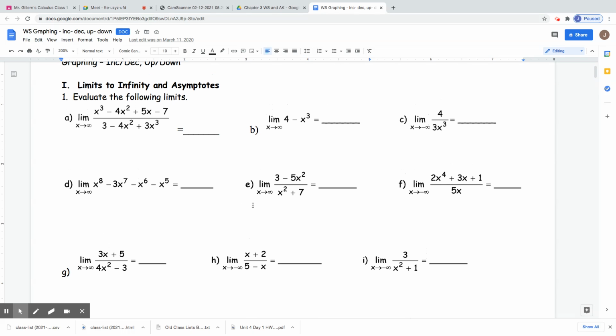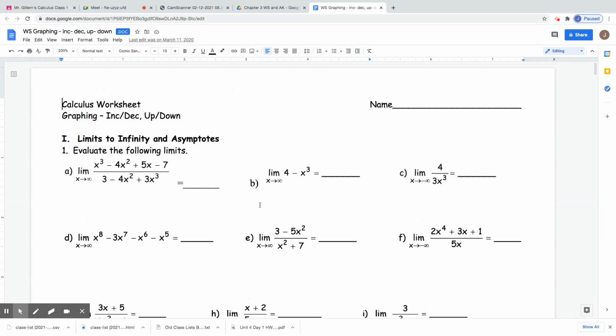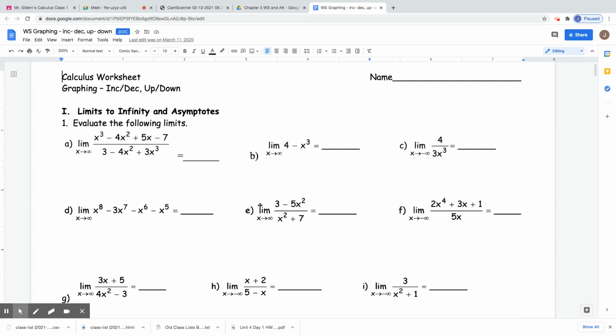So when we are doing limits to infinity, and these are all limits to infinity or negative infinity, if you don't have a fraction, if it's just a polynomial, like for b, the only thing you have to worry about is the leading term. Now, you have to be careful that it's written in the correct order. This is not in the correct order, right? This should be negative x cubed plus 4.